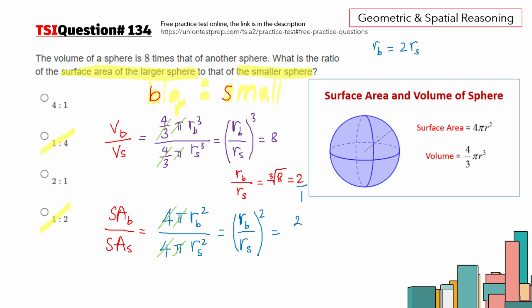So we have 2 over 1, squared. Now we distribute that in. 2 squared is 4, 1 squared is 1. So this is 4 to 1, which is the same thing as 4, 2, 1. So A is the correct answer.